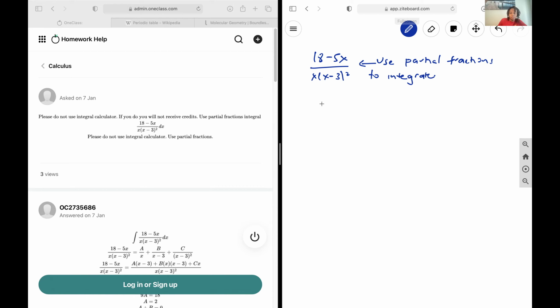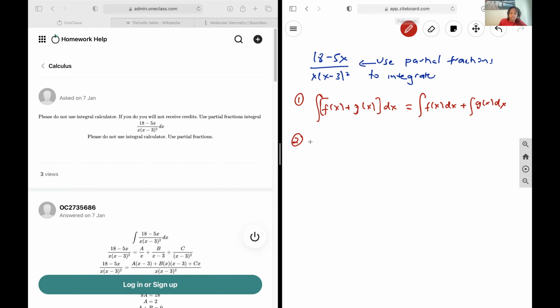And so what this means is that we're going to make use of, first off, the fact that the integral of f of x plus g of x dx is going to be equal to the integral of f of x dx plus the integral of g of x dx.